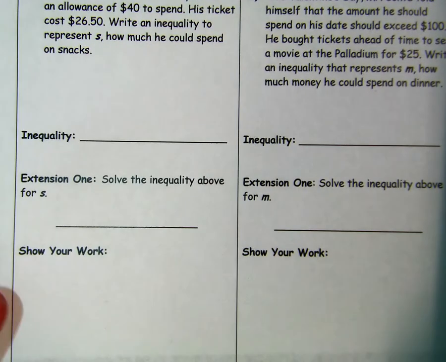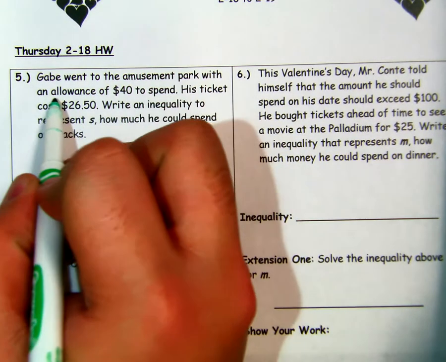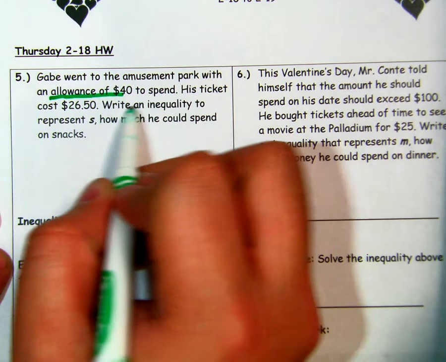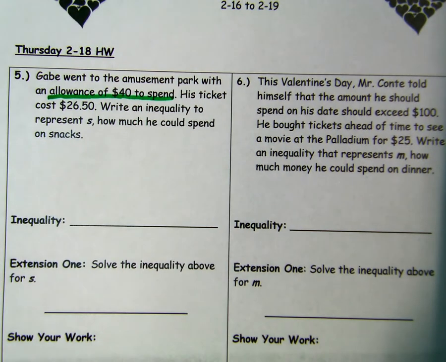So first thing I need to do is highlight all my important information. First important piece of information that we have here is that his allowance was $40. Now, for those of you that get allowances, you know that you're not allowed to spend more than that amount of money. You can spend less than that, or you can spend that amount of money, but you can never spend more than that.